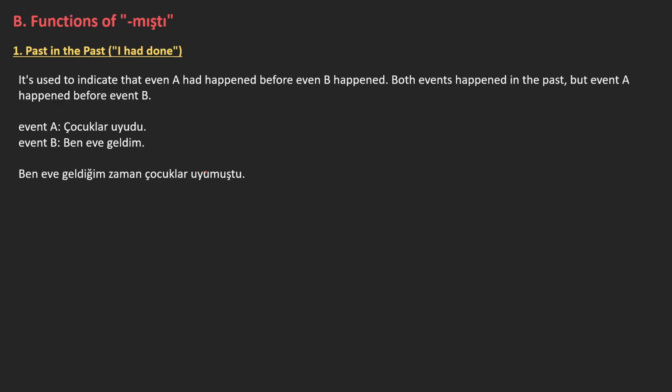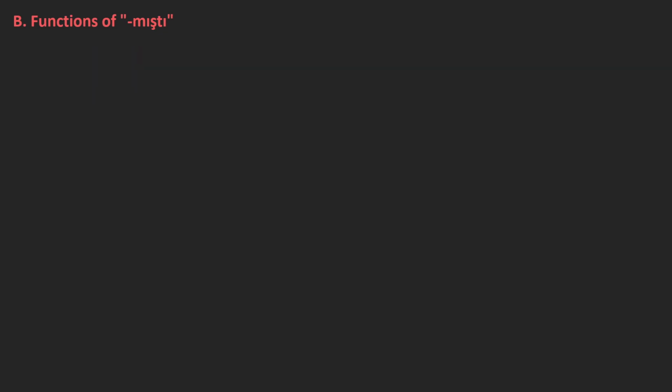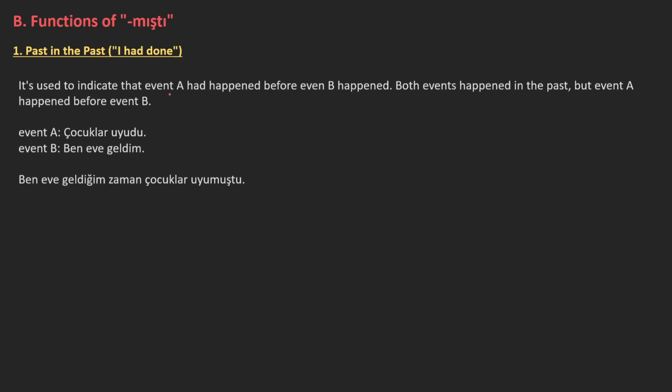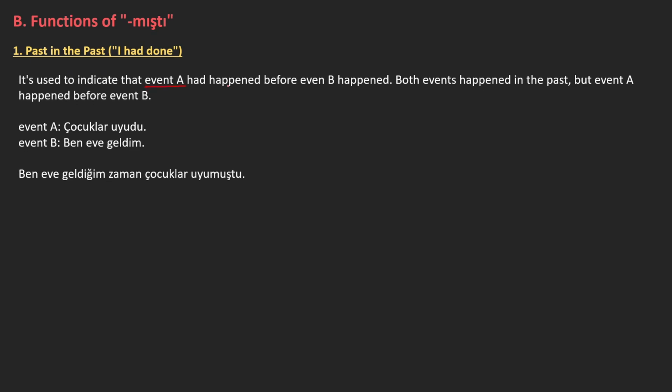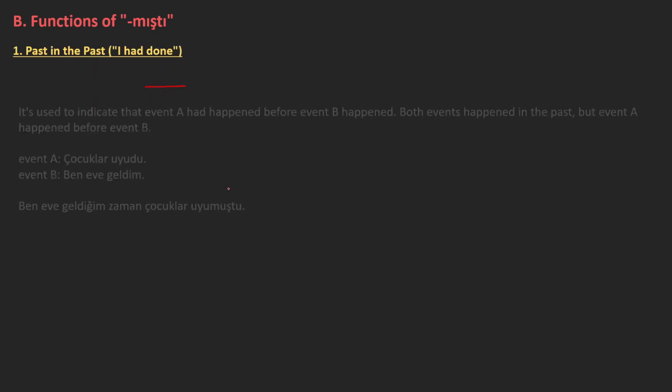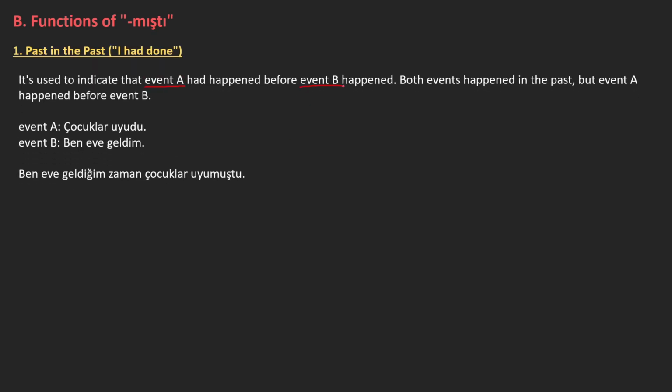It is used to indicate that the first event had happened before the other events. Both of the actions happened in the past, but the first one, event A, happened before event B.